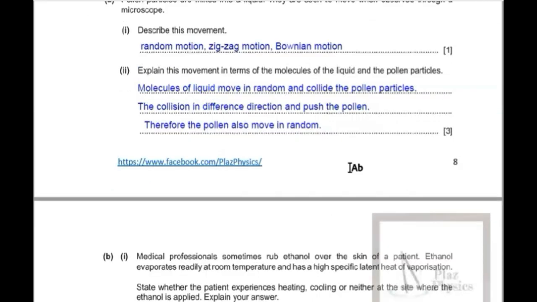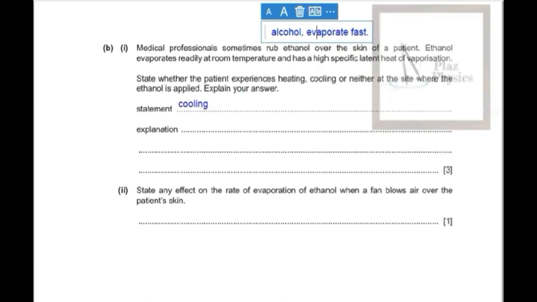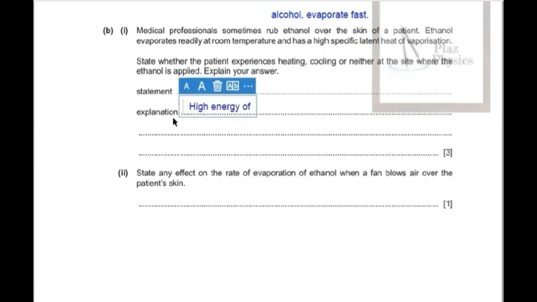So what is this medical experiment, the cooling experiment? Ethanol. Ethanol alcohol will evaporate very fast. Explanation: high energy particles of ethanol escape from the surface. This is evaporation.